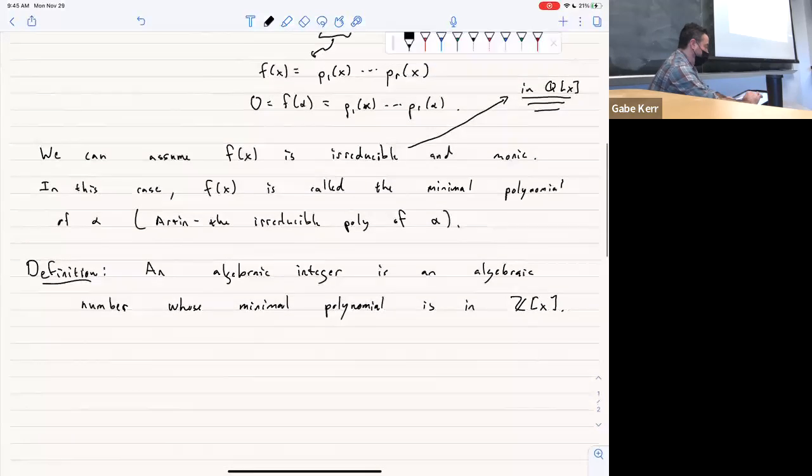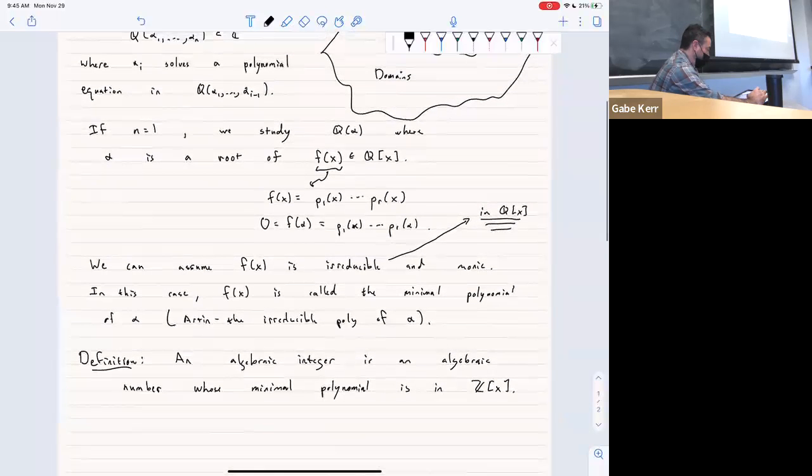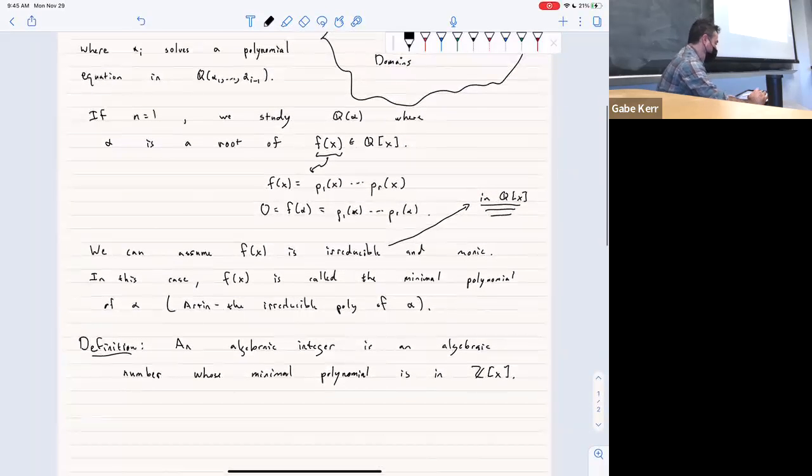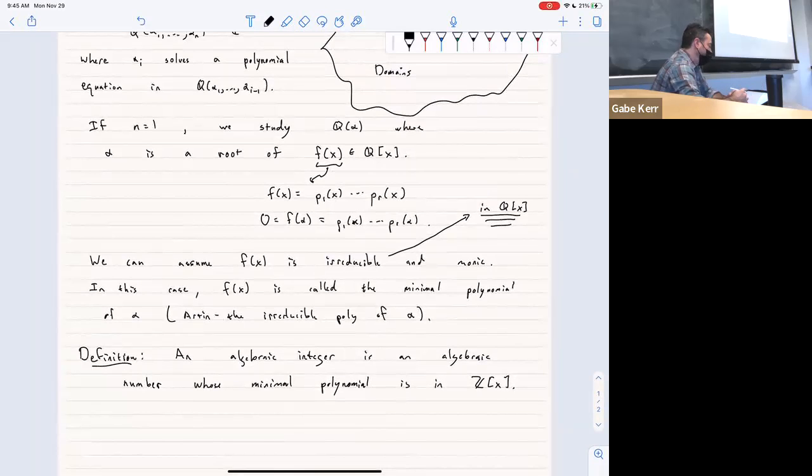So what is this dance we're doing here? The idea is fields are very interesting, and sadly, we're not going to have a lot of time to talk about field theory in this class. There's a lot you can say about fields. However, as rings, they're sort of boring in a sense. By themselves, if you study the ring theory of a field, there's not much to say.